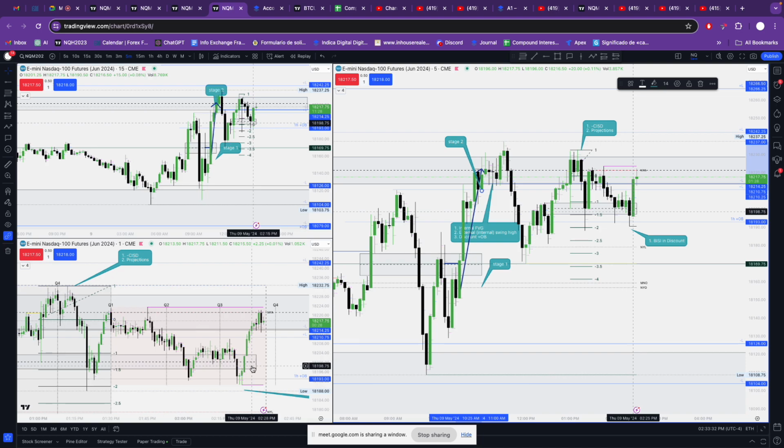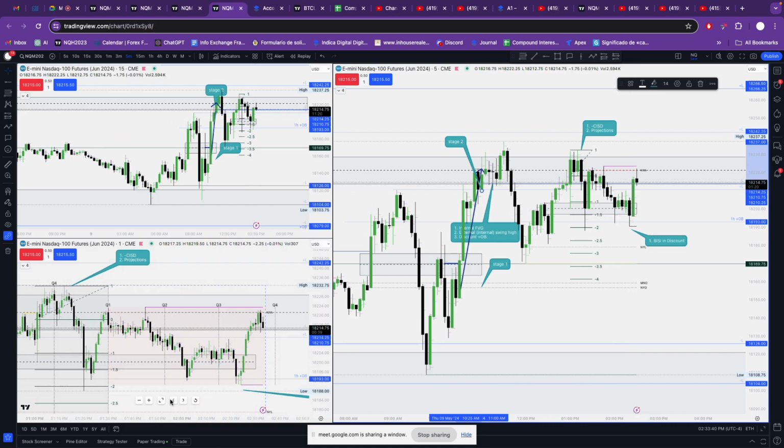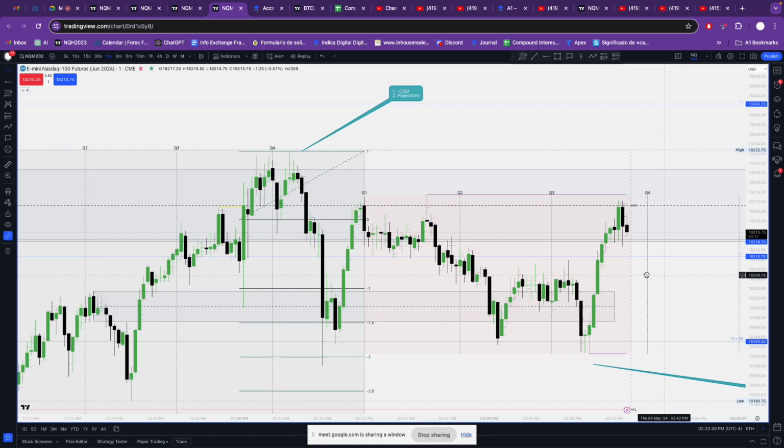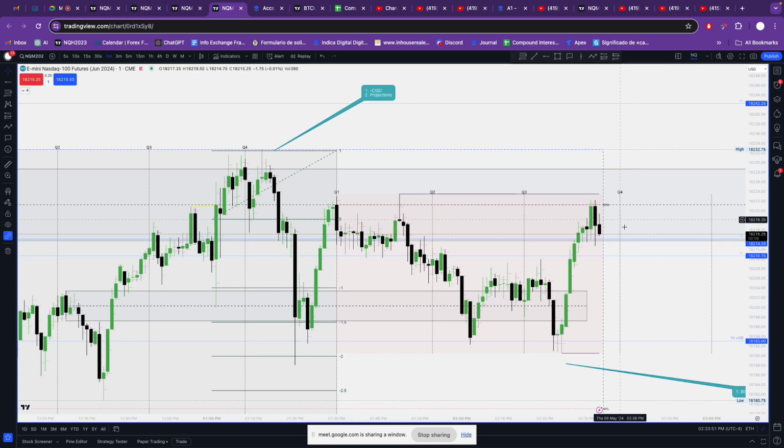We get a balanced price range, inverse fair value gap down here within this 5 minute fair value gap. And so this run up, it's a strong one distribution. And then my expectation is that we get our market maker sell model maybe in Q4 of this cycle. Also, we are at the highs of it.